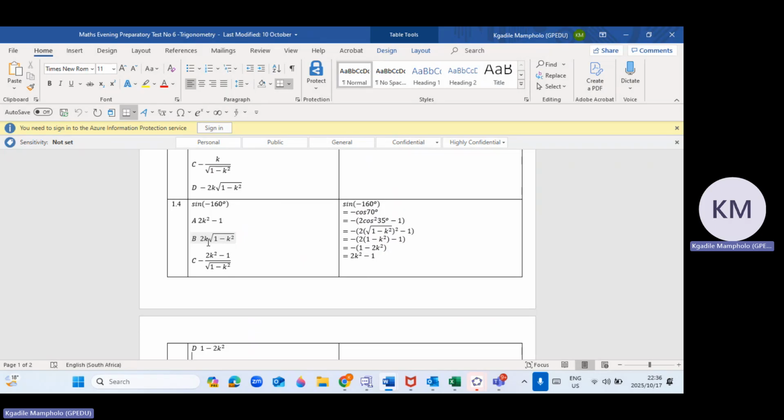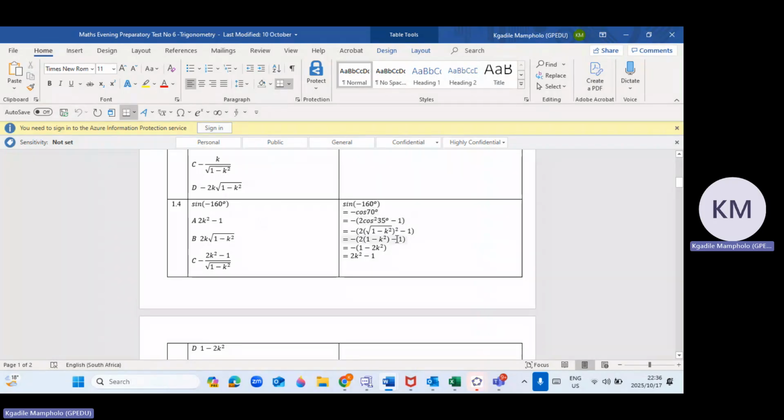Remember, for 160 you can say either 180 minus 20 or 90 plus 70. Here we will not go for 20, because the angle we want is 35, and you cannot deduce 35 from 20, but you can deduce it from 70 because it can be a double angle.